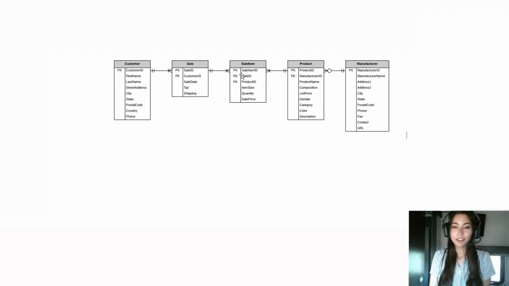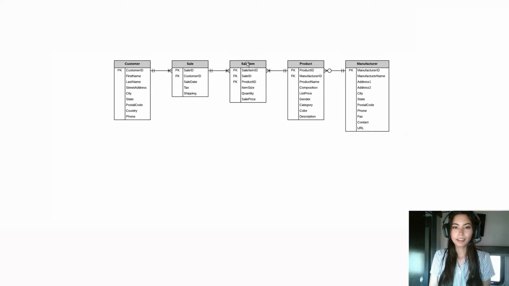This attribute was pulled from the sale entity table. Sale item does have its own unique primary key called sale item ID. And notice, ooh, that looks very similar, but it is different from sale ID. This one looks a little weird because it has many keys to it. It doesn't just have one key or two keys in it, it's got three. And that is because notice that these relationships both have many to many.